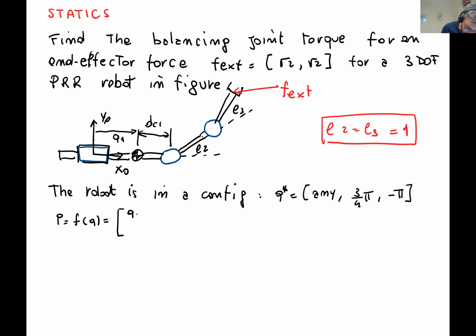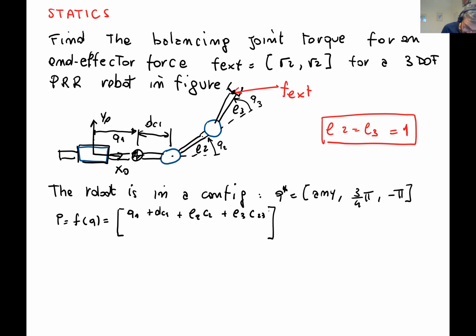The first one is the end effector position, so we have a contribution with respect to the base frame of q1 plus dc1, and we arrive here. Then we apply this other part, which is L2 cosine of q2, plus the third link contribution, which is L3 cosine of q2 plus q3, the sum of joints q2 and q3.